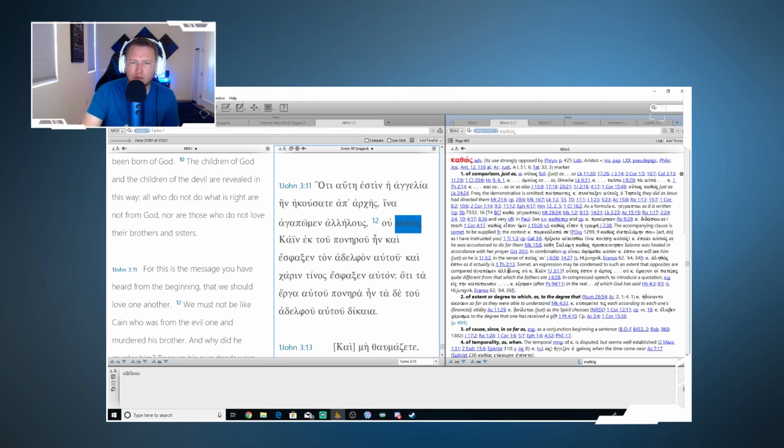We want to love one another not as Cain, not as Cain. He was from the evil one and murdered his brother.